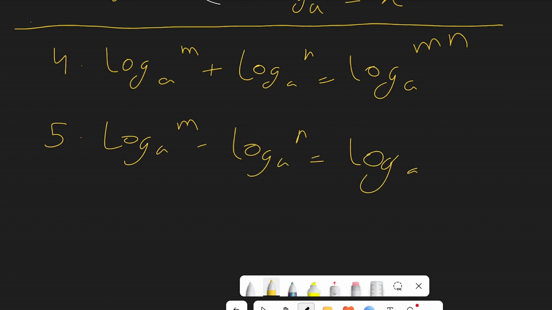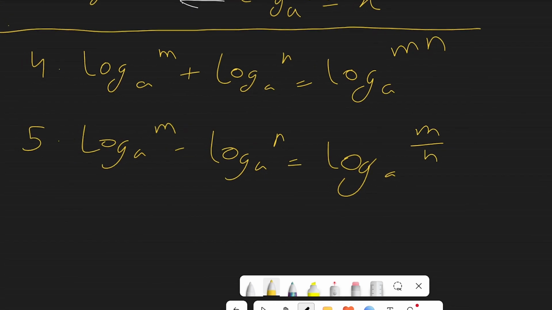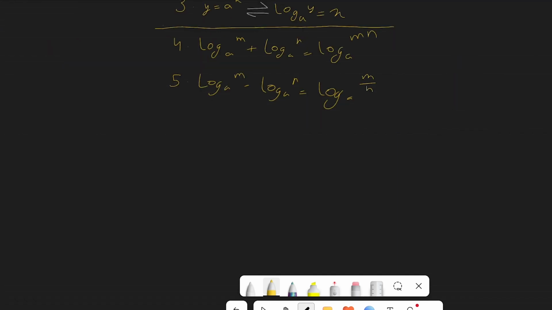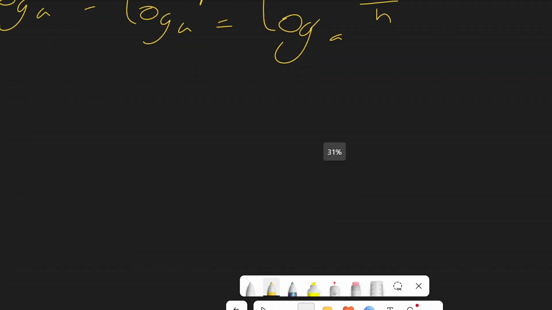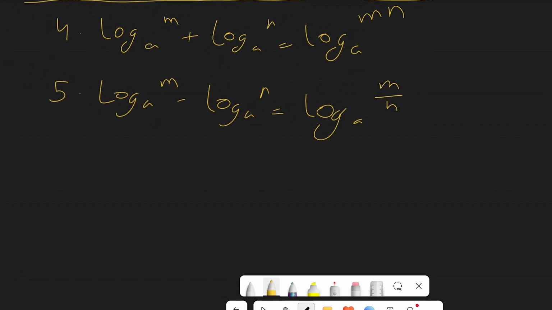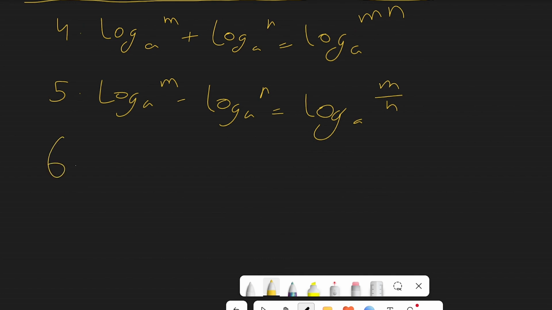Another rule, which you can prove as well, but I'll just write it over here simply, is that k times log of m to the base a would be equal to log of m power k to the base a.